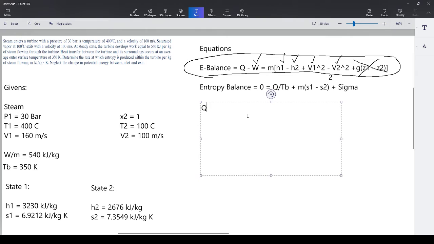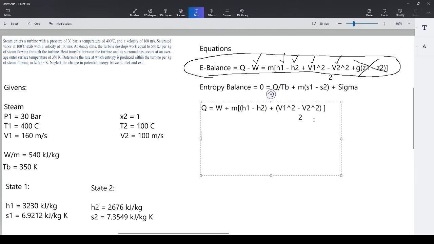That means Q is equal to work plus H1 minus H2 plus V1 squared minus V2 squared, and then that's it, divided by 2 over here on the second part. I like putting parentheses around this because I like to treat it as one quantity. Same for this. So this is where we're at.